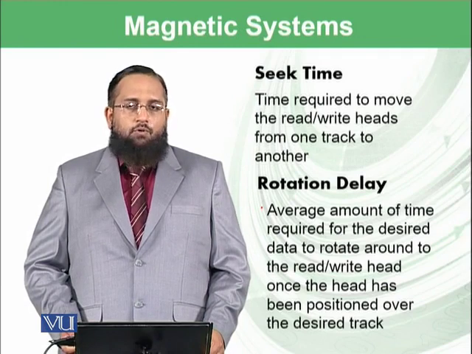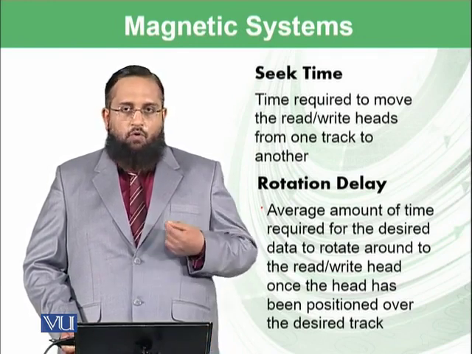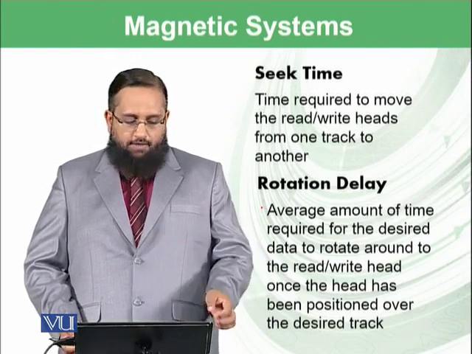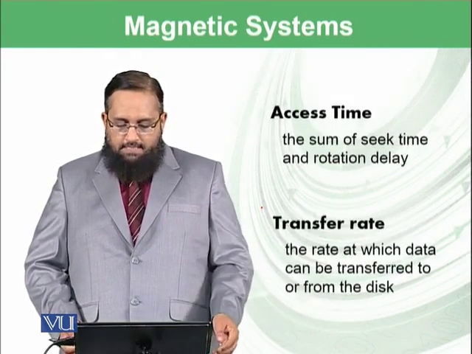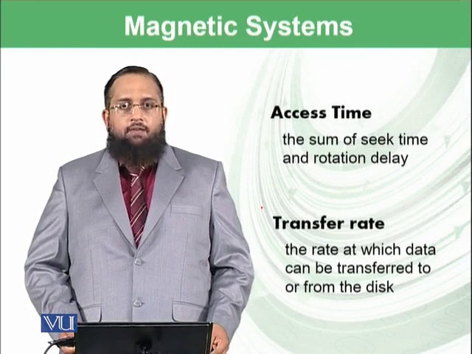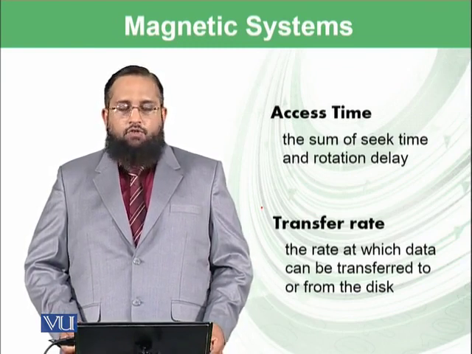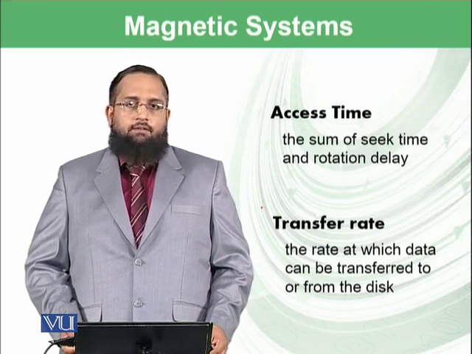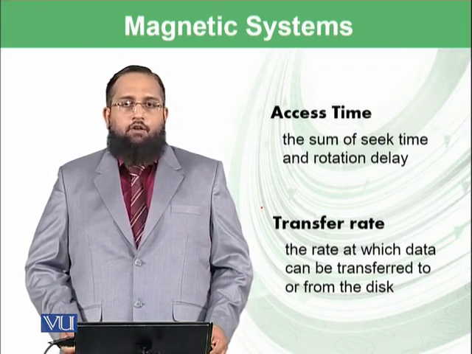So that rotation delay, the rotation of your disk, that time is also noted. And when both of these times are added up, they form access time. So the access time should be lower so that your disk could be considered good.